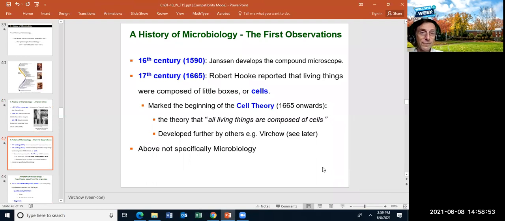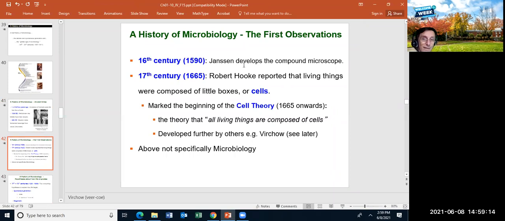So the next important event in the history of microbiology was the invention of the compound microscope. You should know that Janssen developed the compound microscope, but I'm not going to ask you that he invented it in 1590.